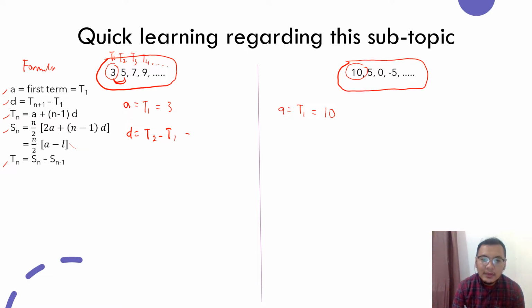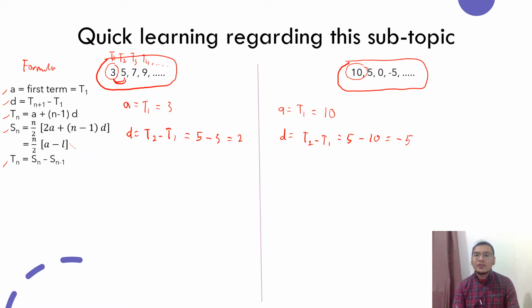T2 is 5 and T1 is 3, so 5 minus 3 is 2. That's correct. Let's go for the second sequence. What is the common difference? T2 minus T1. T2 is 5, correct? And the first term T1 is 10. So what is the answer? Negative 5. Good job. I hope you can understand what the common difference is.